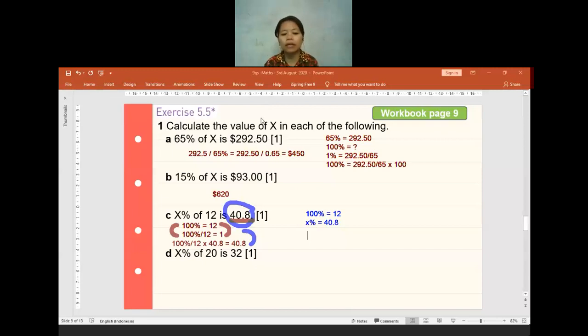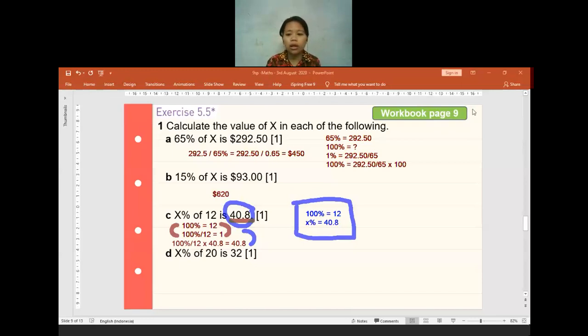Before we find the result, we can find it together. The important thing is that we can change the sentence into a basic calculation. Is there anyone having difficulties or confused if I write 100% is equal to 12, x percent is equal to 40.8?